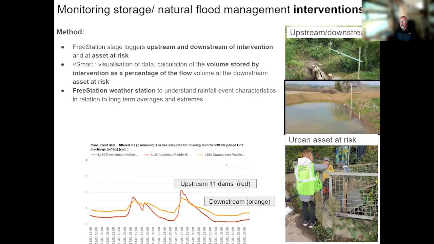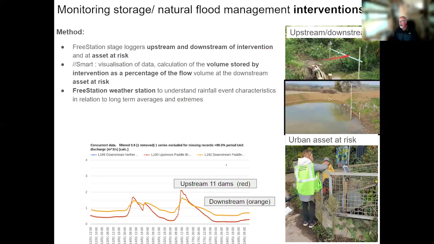If we want to monitor the impact of an intervention, then we have to change the design a little bit. We need to think about having more than one station. We need a data logger monitoring upstream and downstream of the intervention or the network of interventions.